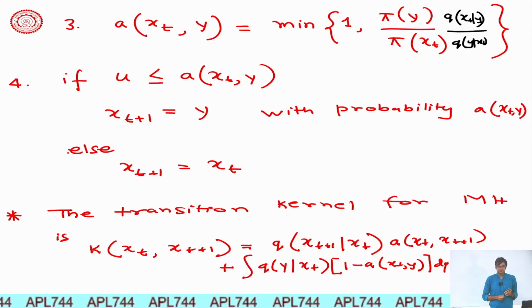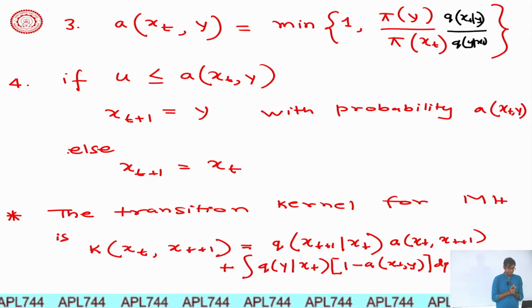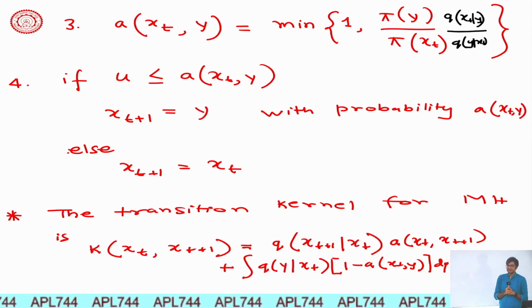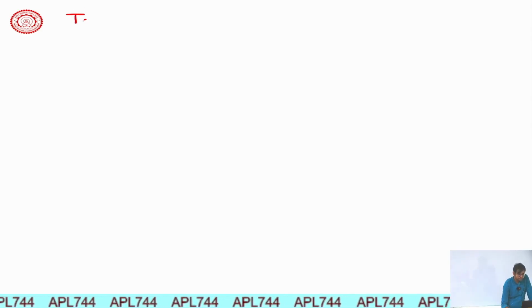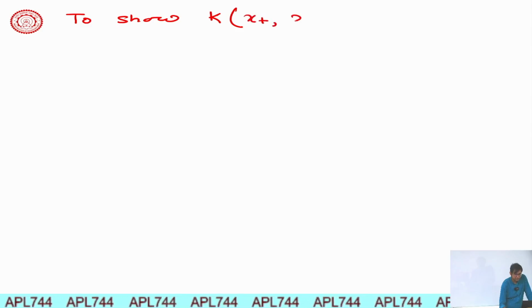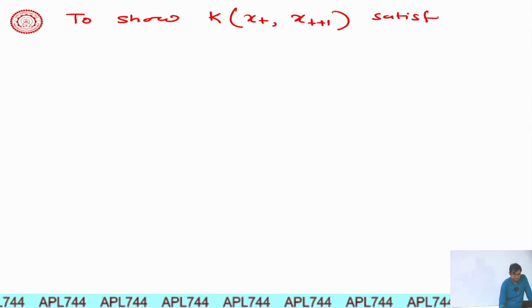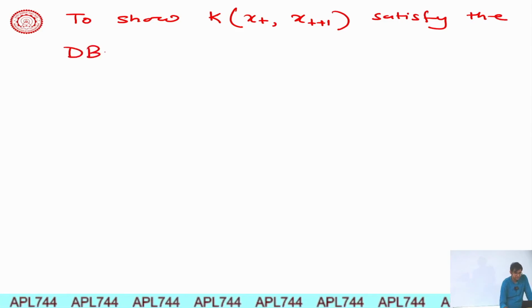Okay. Clear? Okay. So now, this is my transition kernel. And we need to show that this transition kernel satisfies the detailed balance condition. So, to show that k of xt comma xt plus 1 satisfies the detailed balance, I am writing it as dB.